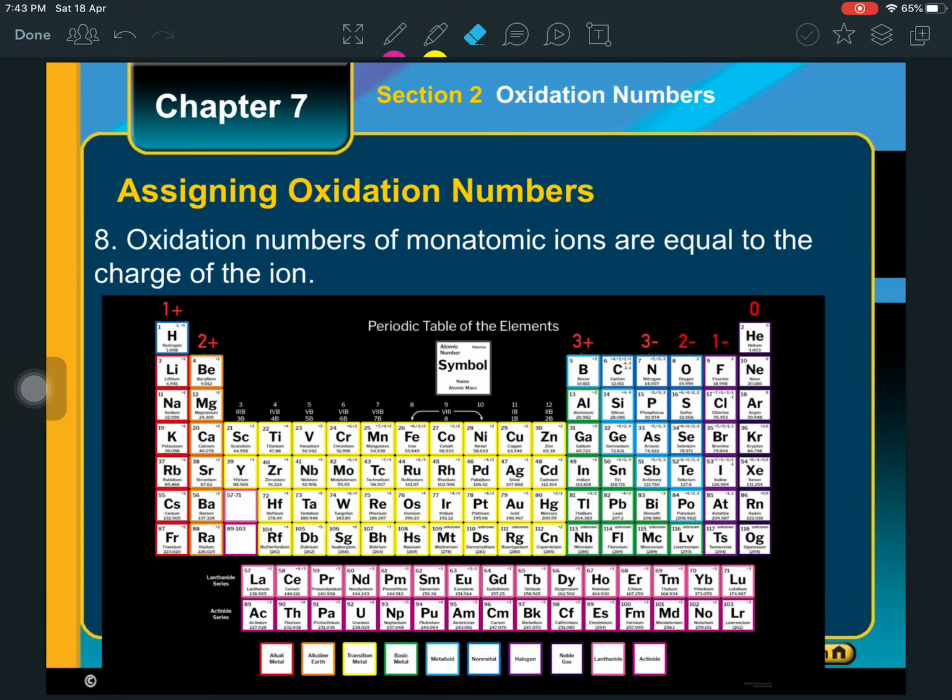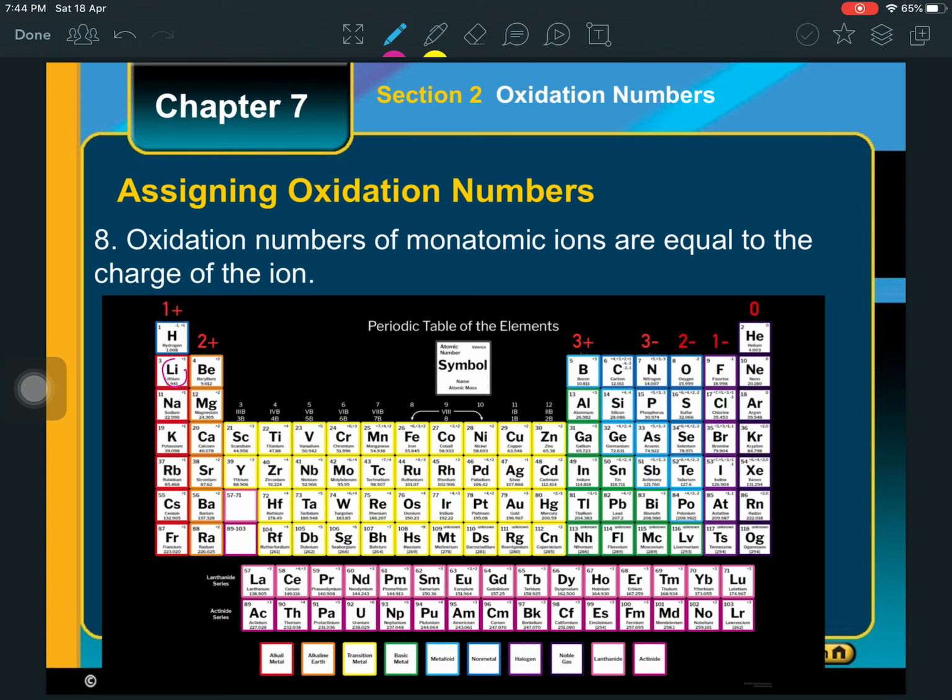Okay, so oxidation numbers of monoatomic ions are equal to the charge of the ion. So in an ionic compound, when you see a situation where there's a metal bound to a non-metal, you're most likely going to be looking at an ionic compound. In that case, the oxidation number is just going to be the same number as the charge, okay?